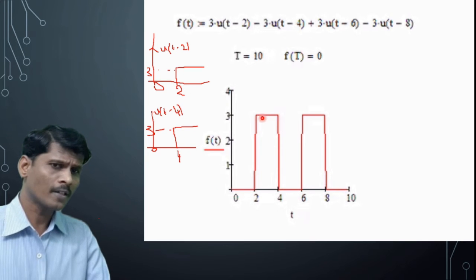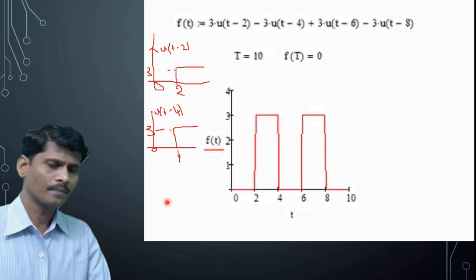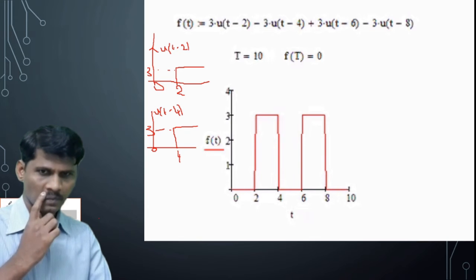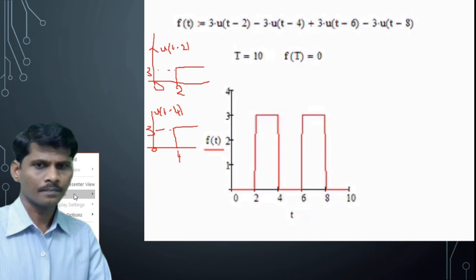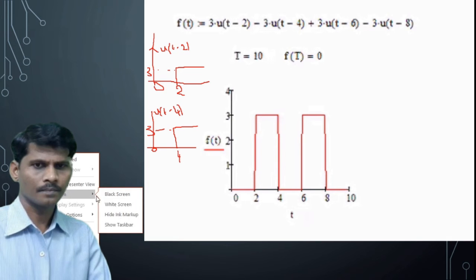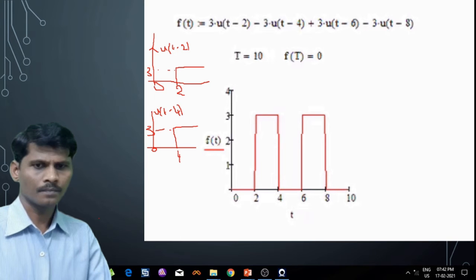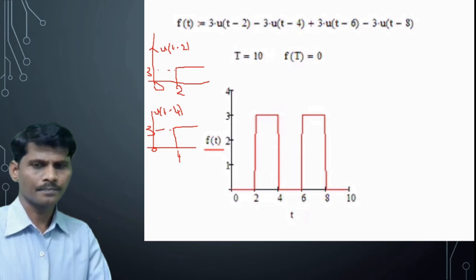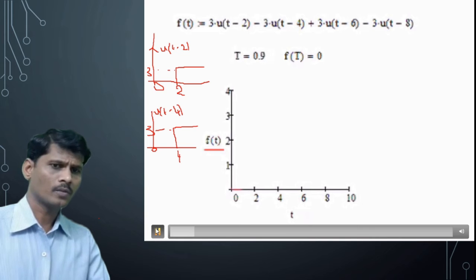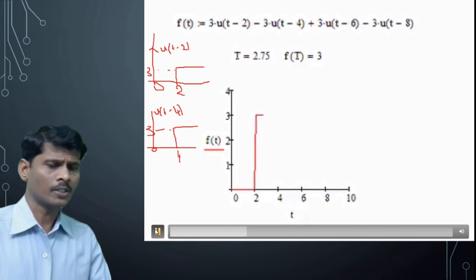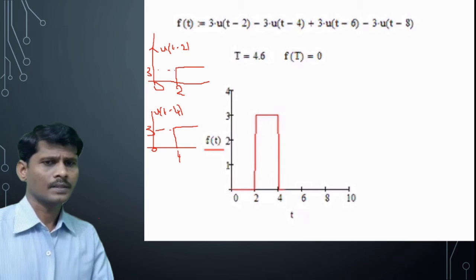So from 2 to 4, the magnitude value is 3. See the animation. That is 2 to 4.